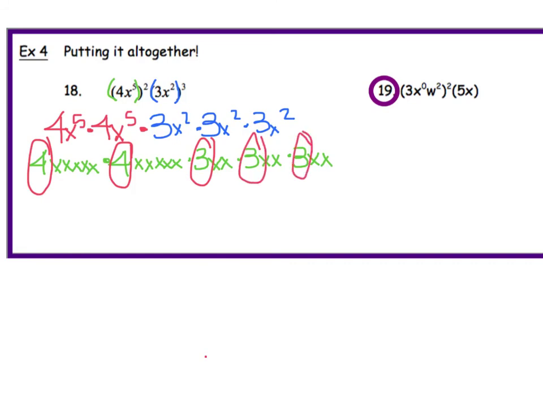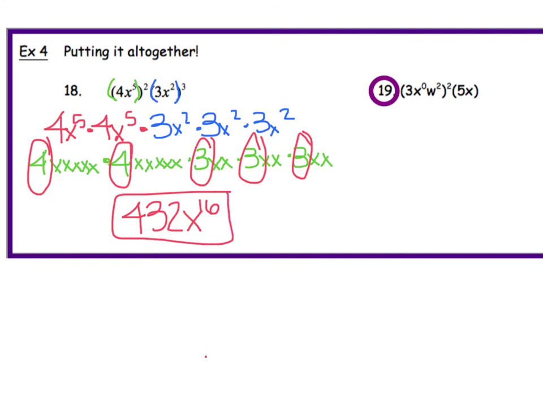And now let's see what we get when we multiply that. 4 times 4 times 3 times 3 times 3 is 432. Now let's count up how many x's we have all together. 5, that's 10, 11, 12, 13, 14, 15, 16. X to the 16th power.